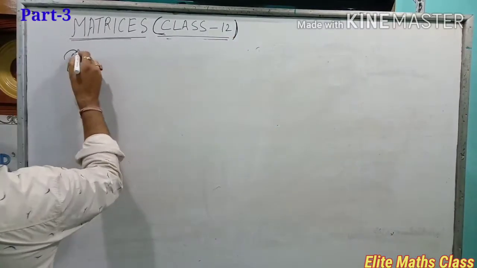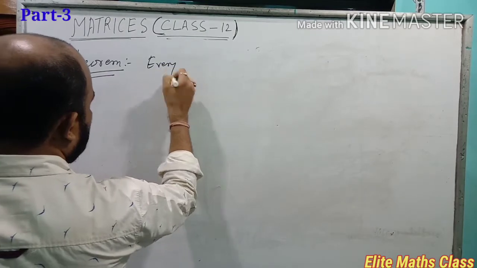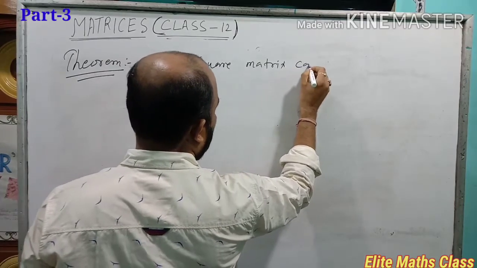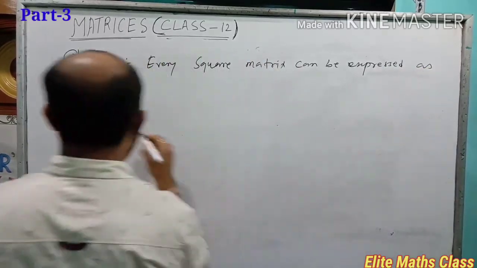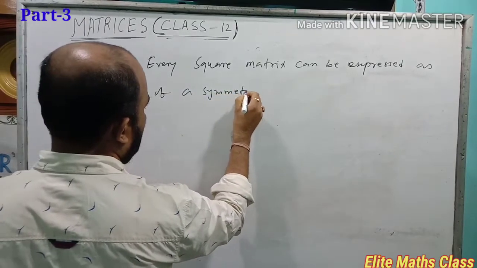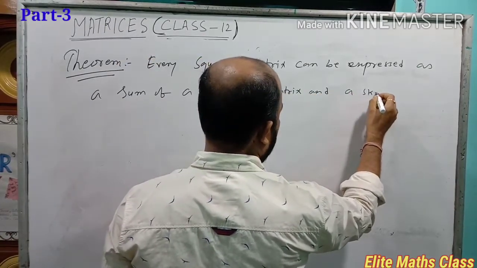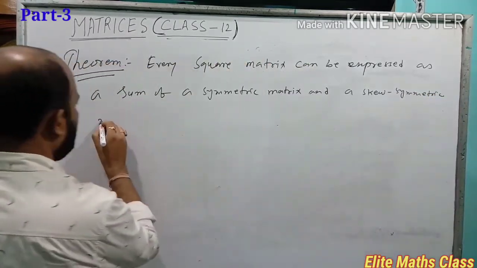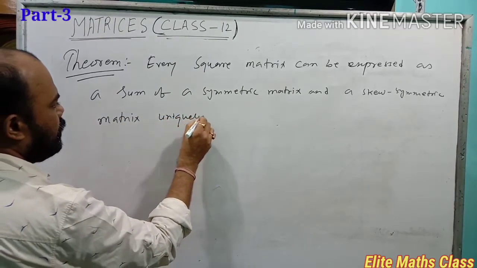The theorem is: every square matrix can be expressed as a sum of a symmetric matrix and a skew-symmetric matrix, uniquely.